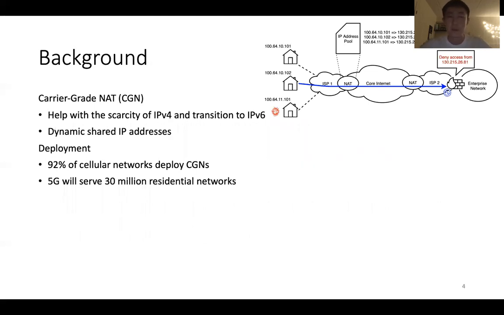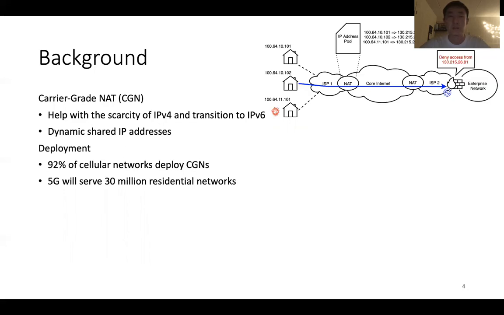Before going through our method, we have to go through some background knowledge. IP addresses were originally designed to recognize a remote user. However, IPv4 addresses have already run out. So people developed carrier-grade NAT, CGN, to help the transition from IPv4 to IPv6. CGN comes with features like dynamic and shared IP addresses. For example, a host usually gets a private IP address from its internet service provider.